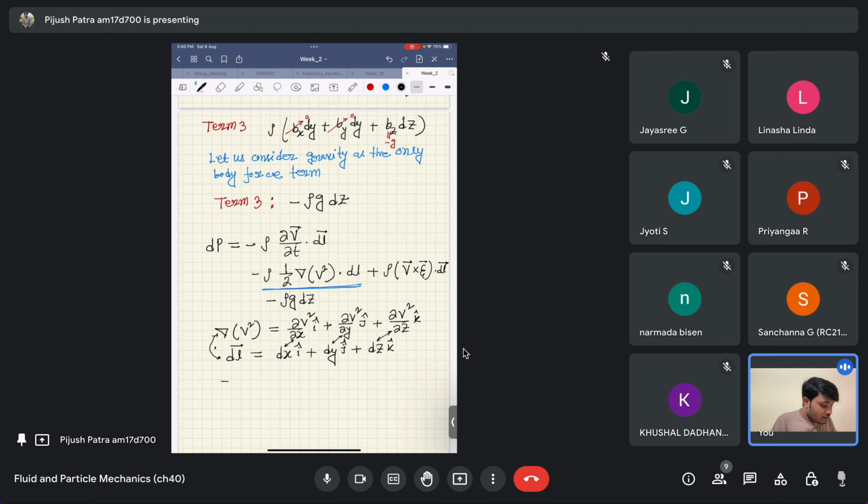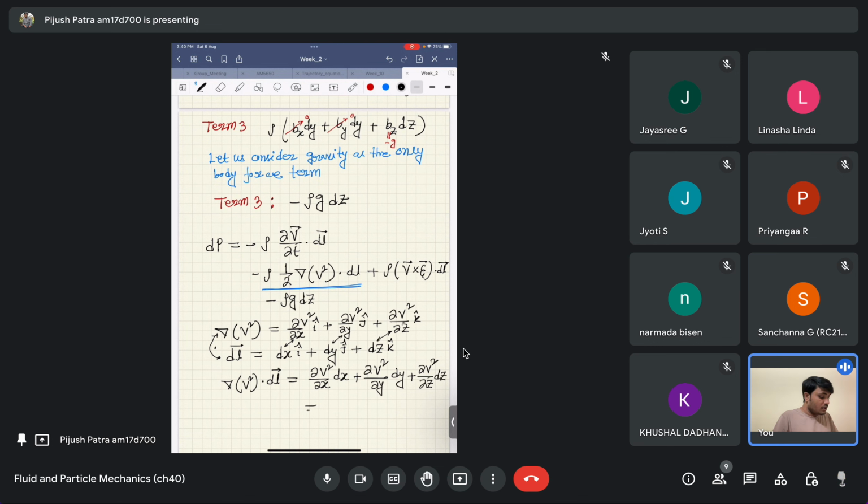So gradient of v square dot dl will be dou v square dou x into dx plus dou v square dou y into dy plus dou v square dou z into dz.